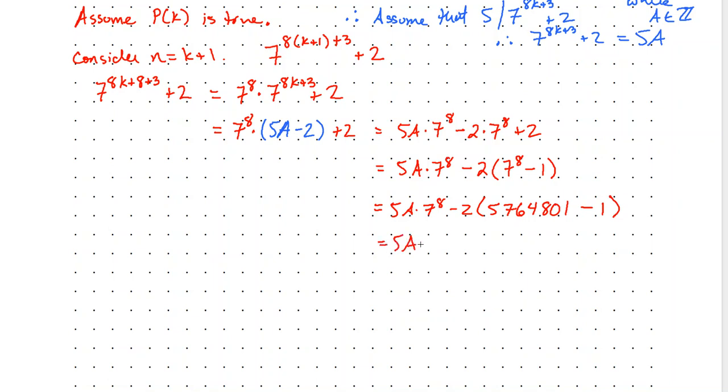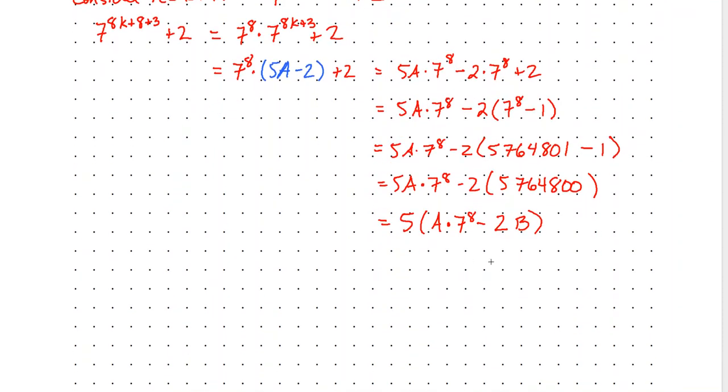So that's 5a times 7^8, minus 2 times 5,764,800, which then really is just 5 times some number a times 7^8, minus 2 times some other number. So therefore, we're true for n equals k plus 1. Our k plus 1th case is also divisible by 5.